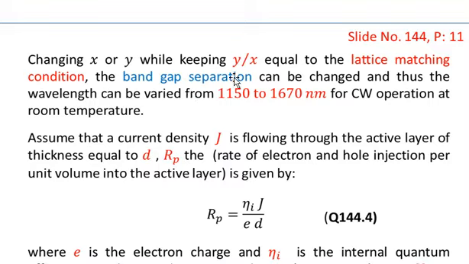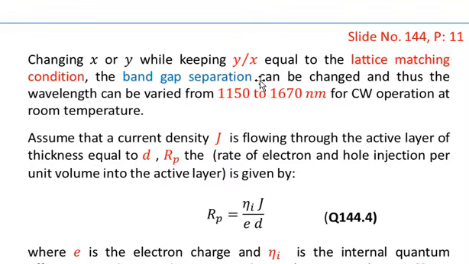Changing x or y while keeping y over x equal to the lattice matching condition, the band gap separation can be changed, and thus the wavelength can be varied from 1150 to 1670 nanometer for CW operation at room temperature. So you see that the condition is that y over x should be kept equal to the lattice matching condition.